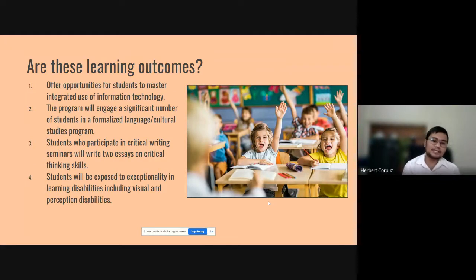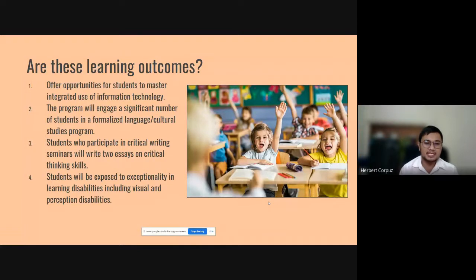Now, look at this. We try to check, are these learning outcomes? Look at the examples. First, offer opportunities for students to master integrated use of information technology. The program will engage a significant number of students in formalized language cultural studies program. The students who participate in critical thinking seminars will write 2 essays on critical thinking skills.